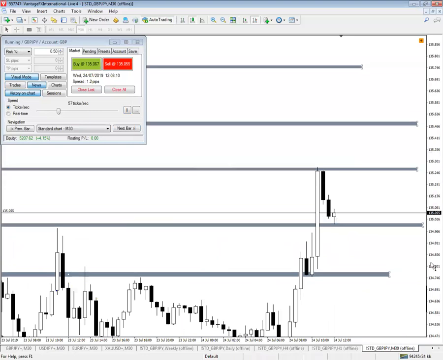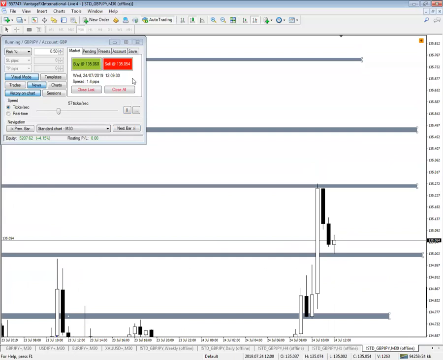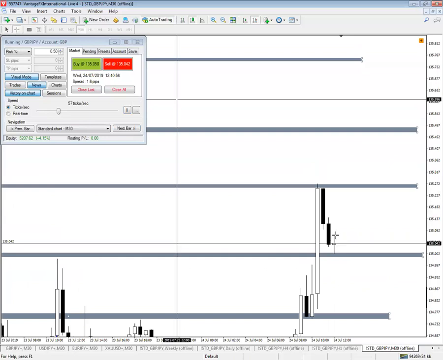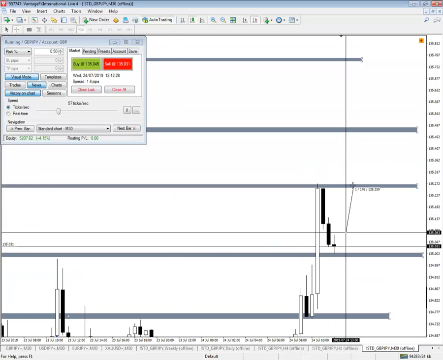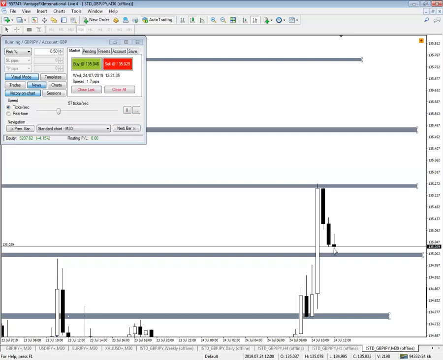Cool. So next candle closed bearish. So if we get a support formed here, then the probability of us continuing moving up is going to be a lot higher than the probability of us continuing down. So we're going to keep that in mind. But we need to wait for this candle to close.